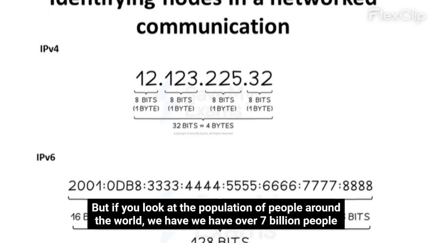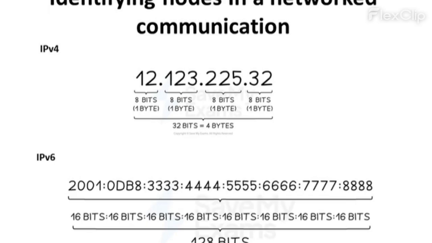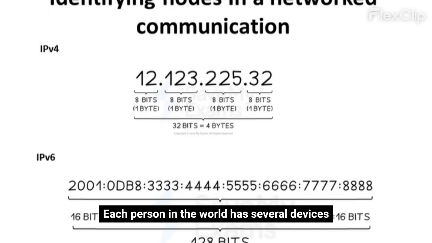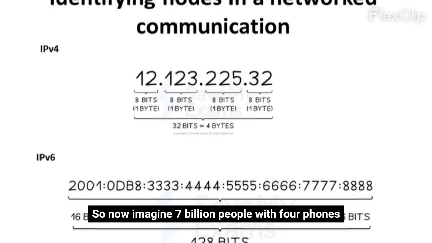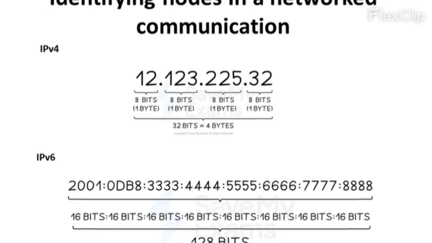But if you look at the population of people around the world, we have over 7 billion people. And each person in the world has several devices. Like you yourself, most of you have laptops, you have phones, some even have 2, 3 phones. So now imagine 7 billion people with 4 phones.